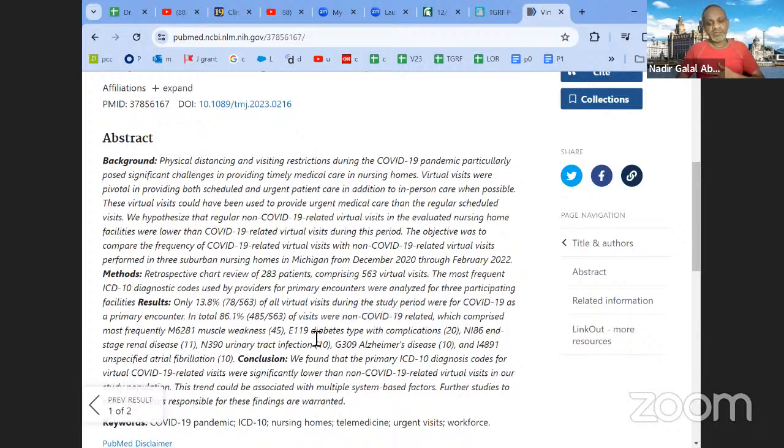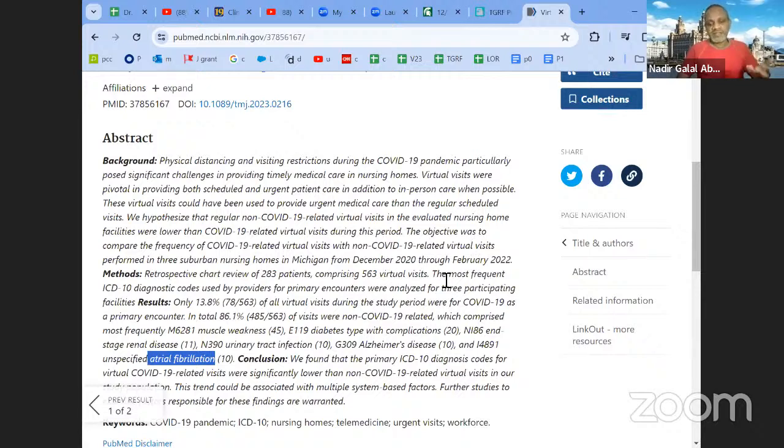The conditions they were seen for were hypertension, diabetes or diabetes with complication, UTI symptoms or infection, patients who may have BPH, and patients with AFib. So these are the common findings from their review of the charts for these patients during this period of time.